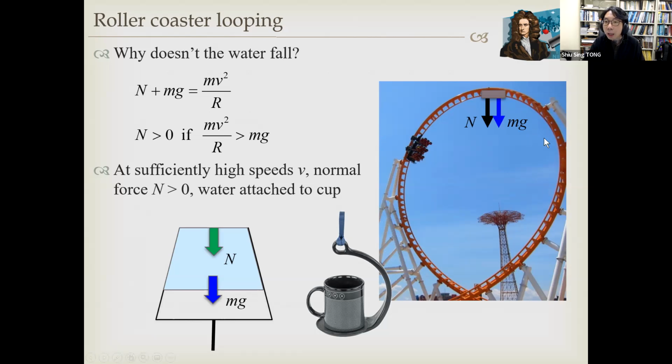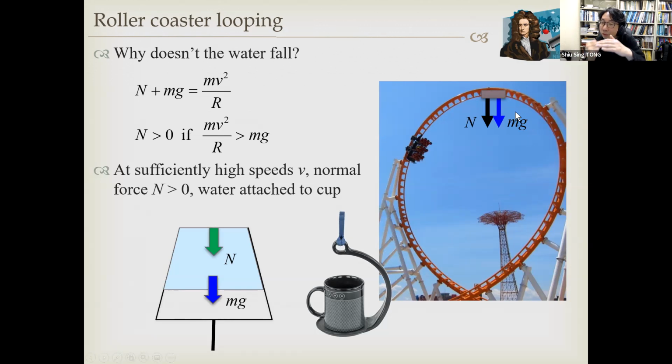Now, in order to keep the roller coaster attached to the rail, the normal reaction should be larger than 0, right? If the normal reaction is 0, that means the roller coaster is detached from the rail, and there would be danger of the roller coaster falling down. I don't want that to happen, right?